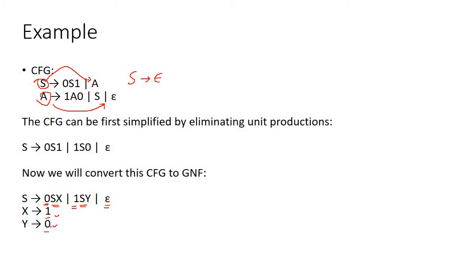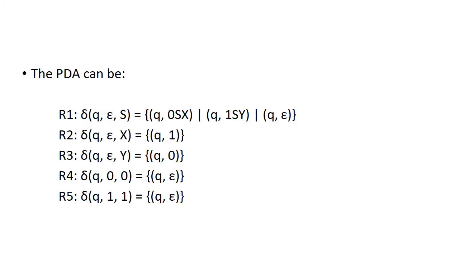For these terminals we need to write the popping out productions. So let's see, for S what do we have? S is producing 0SX, so this comes up with epsilon. Then there is an OR symbol in between. S is also producing 1SY, or S is producing epsilon.